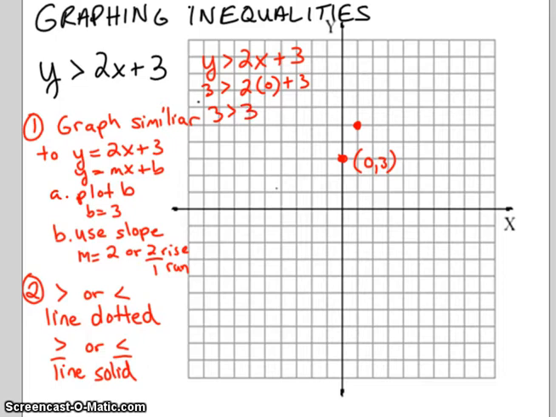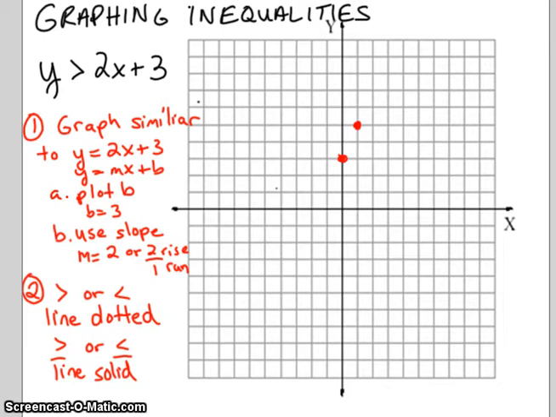Is that true? Is 3 greater than 3? No. So this point right here is not a solution to our inequality. It's kind of like the boundary line. So that's why we're going to draw a dotted line through the 2 points.